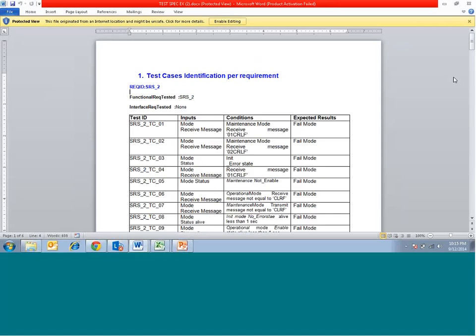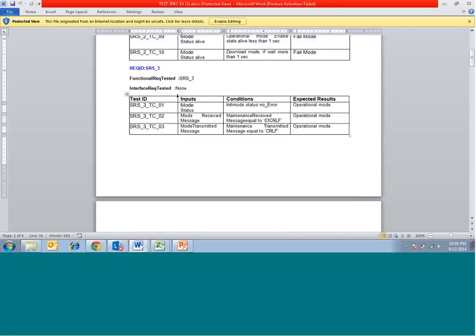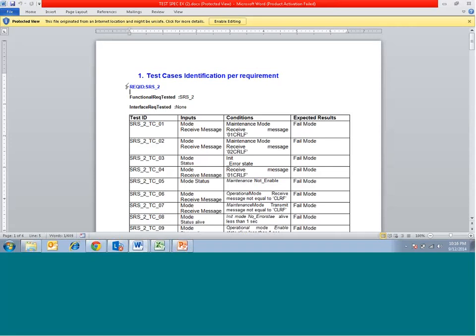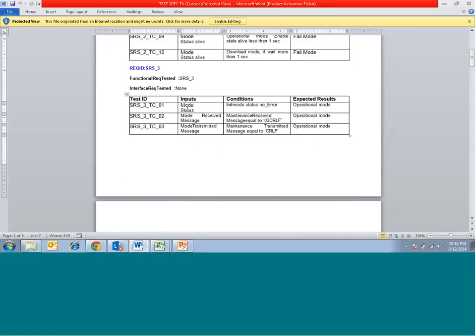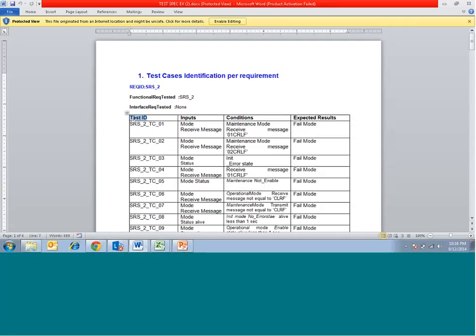So we know the templates, how we are going to use it. The first section should talk about the test case identification for each of the requirements. You can see, as far as each requirement, we need to first identify the test case. I guess we have gone through how this template should look like. You should identify with the test ID, which should be unique for each test case, and what is the input for that particular test case.